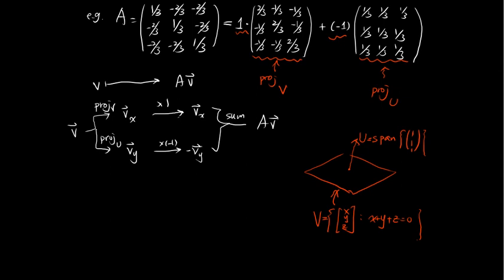So what happens is, if you have a vector, you partition the vector into two parts, Vx plus Vy. Then afterward, the output is Vx minus Vy.